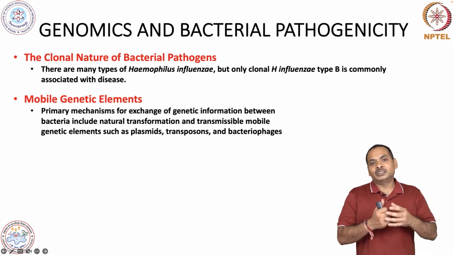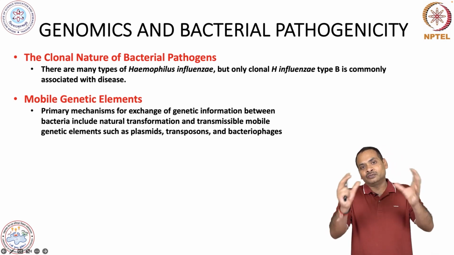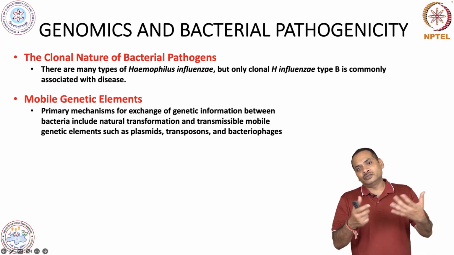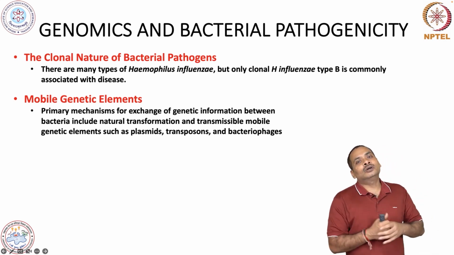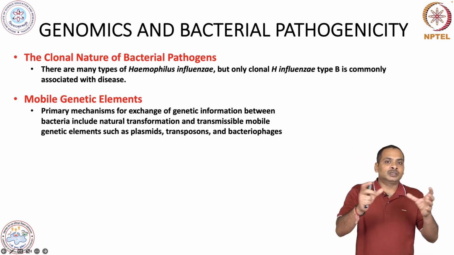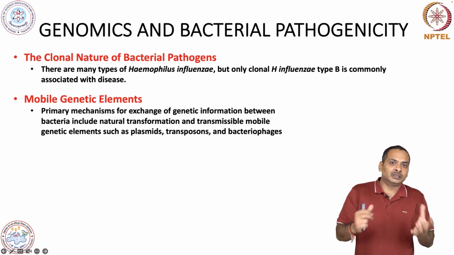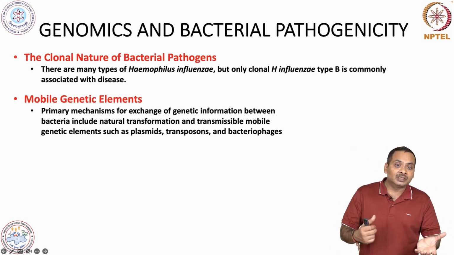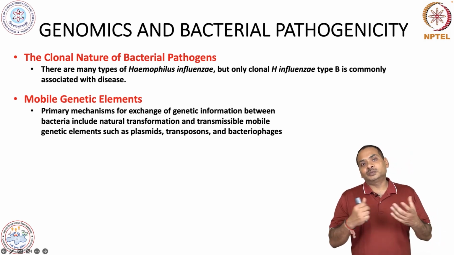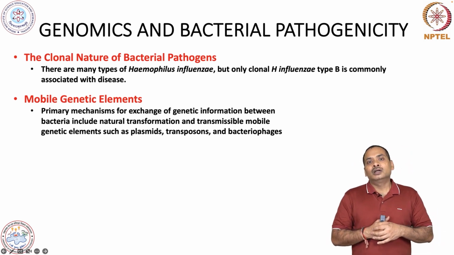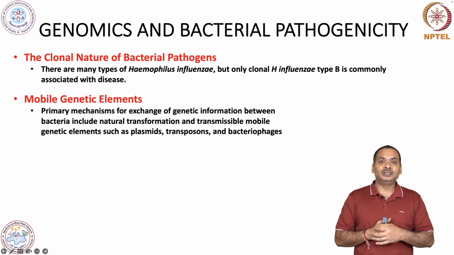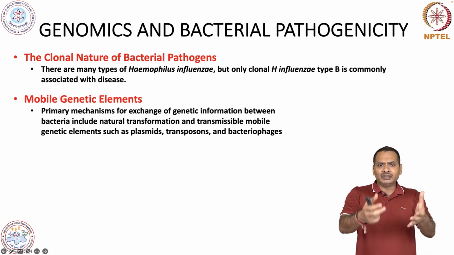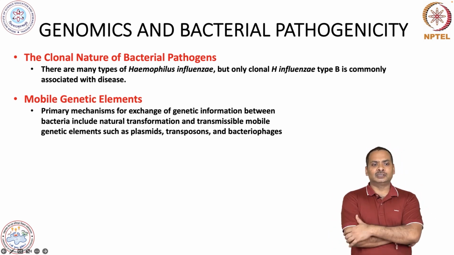These pathogenic bacteria have virulence factors, and all these virulence factors will be present on some piece of DNA. This piece of DNA could be a plasmid, a transposon, or it can be facilitated by bacteriophages. I will give you an example in a subsequent slide.